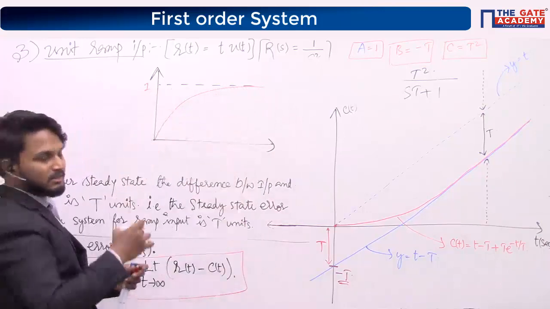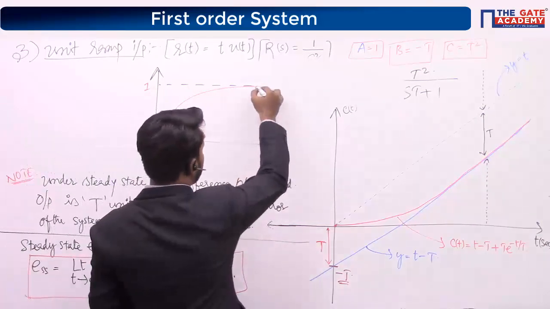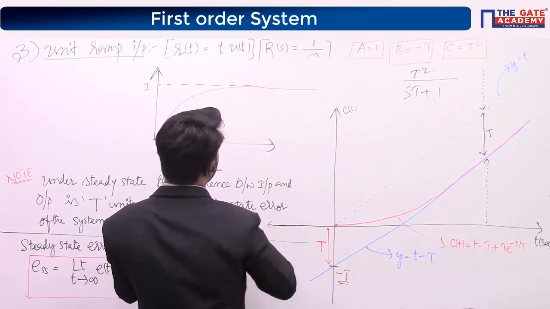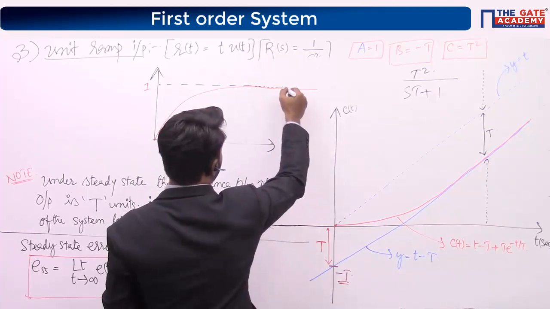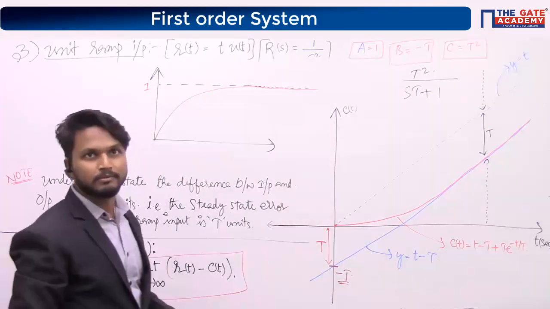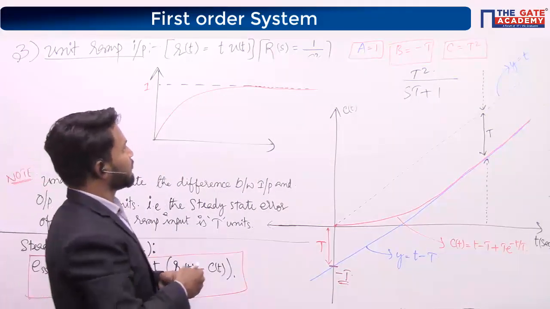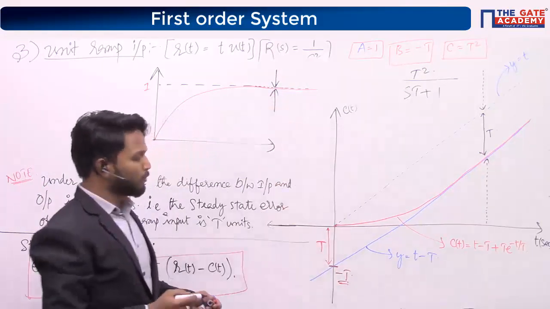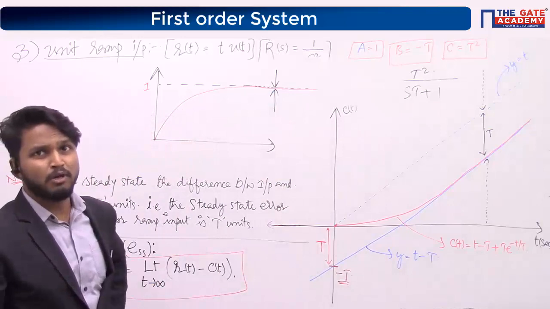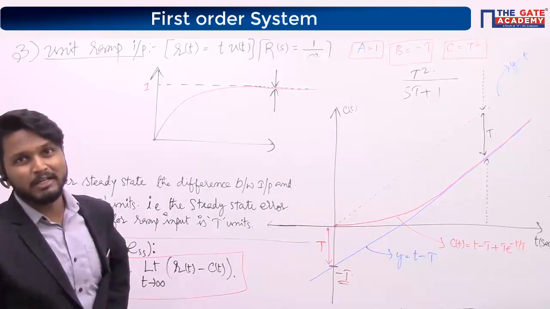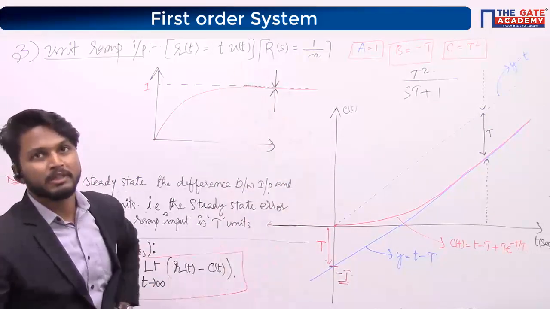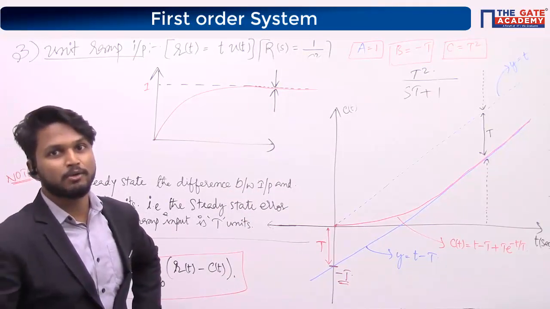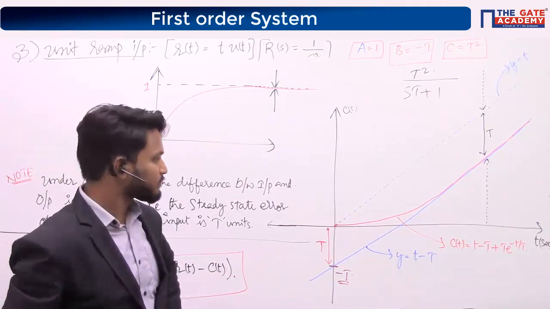In the previous step response, the steady state value is going to be like this. And the steady state value of input is how much? That is also 1, right? Very good. The steady state value of input is 1, as well as the steady state value of output as time approaches infinity is also 1. The difference between them is how much? 0. There is no difference between them, right?